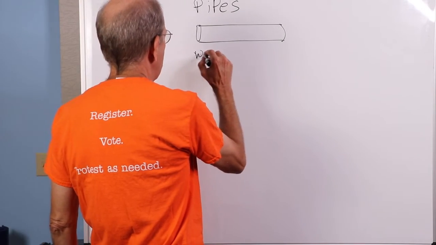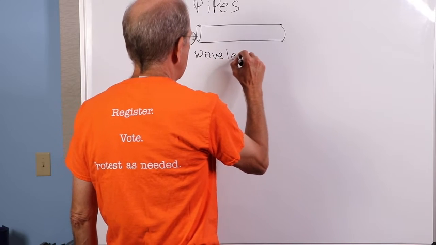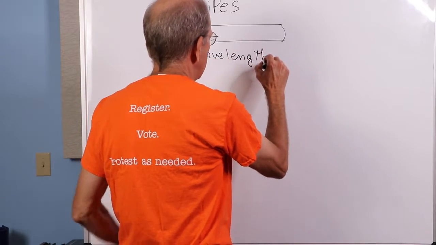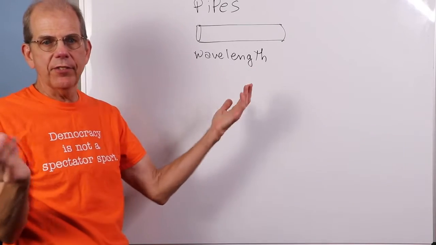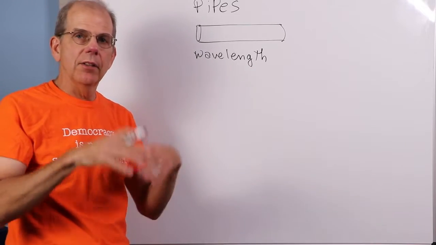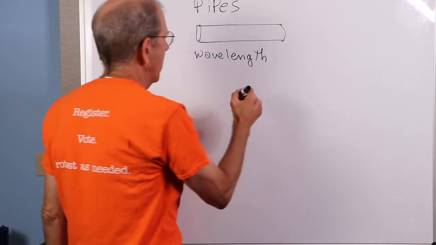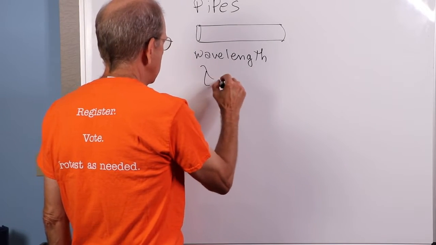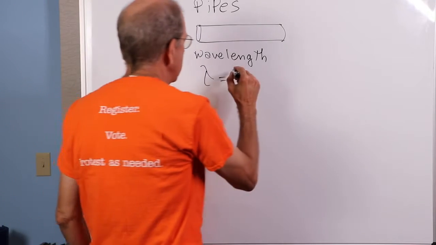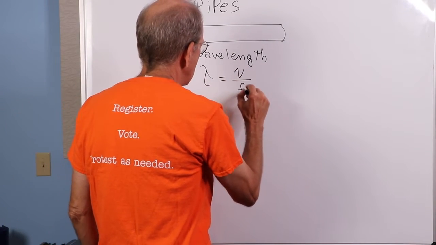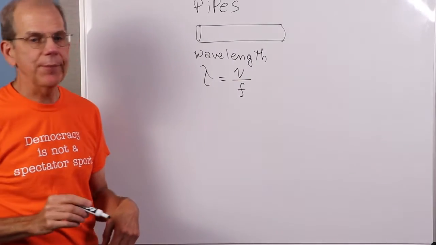So remember, a wavelength deals with the velocity of sound, in this case through the air, and the frequency, right? So the wavelength, lambda, is given as the velocity v over the frequency f, right?